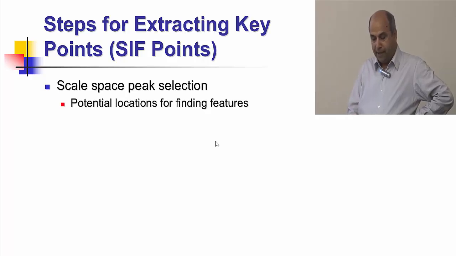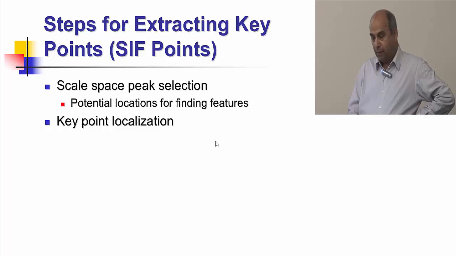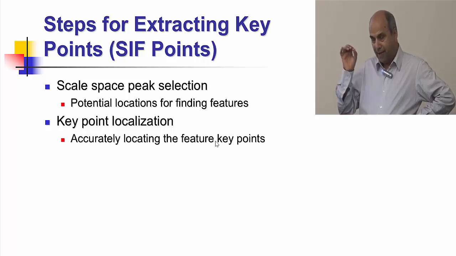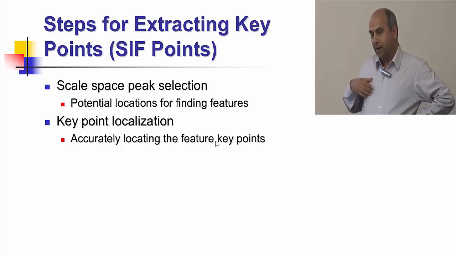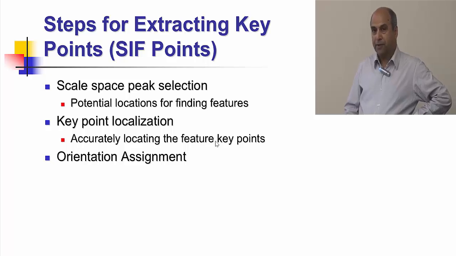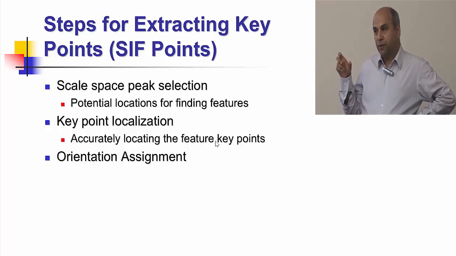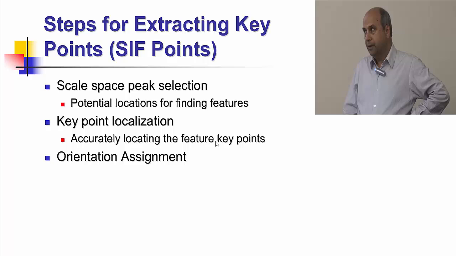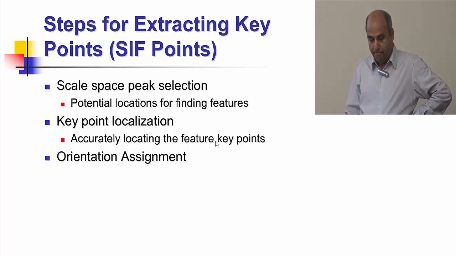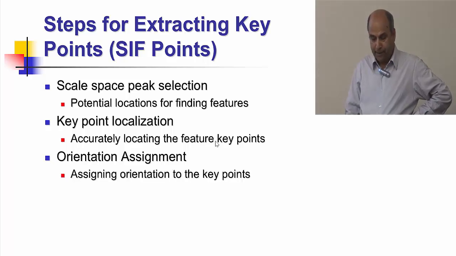In that we will find the peaks, and those will be the potential interest points or SIFT points. Then we will localize those and find where exactly they occur, because we have a whole scale space and they can occur in different scales. And we will also assign an orientation to each of these points. This orientation will be like a descriptor.